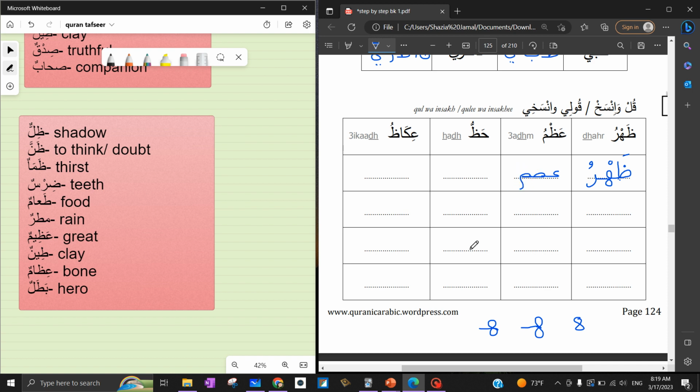Either you can write like this or you can write like this. Okay, you can write like this. Mim. Coming back like this. Almond. With the tail, I will write again so you can see how it's written.